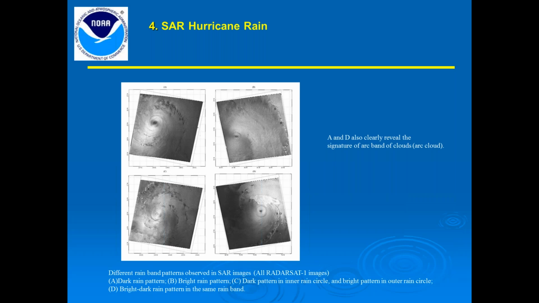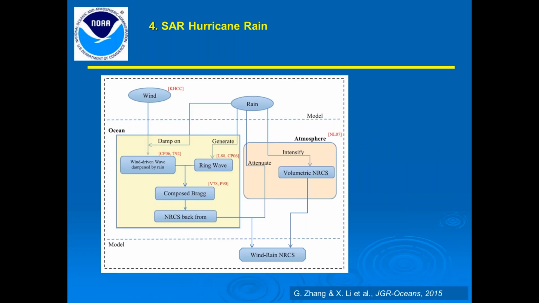Sometimes the rain pattern shows as dark, sometimes as bright, and sometimes they just show all dark. Sometimes bright on one side, dark on the other side. Those are the impacts of the raindrops on the ocean surface that either suppress the ocean surface roughness or excite the new scattering term.